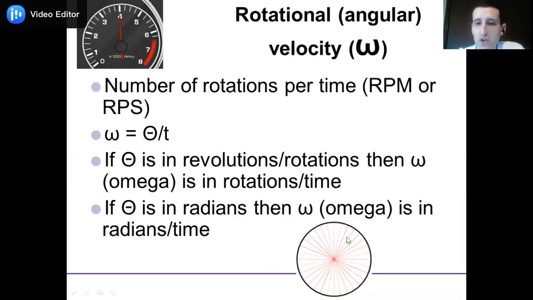And this circle is being colored in at a faster and faster omega, right? It's covering more of the circle each unit of time than it covered before. And of course, we're going to get to the idea of acceleration in a moment. But you don't have to have acceleration just to understand that angular velocity, omega, is theta over time.